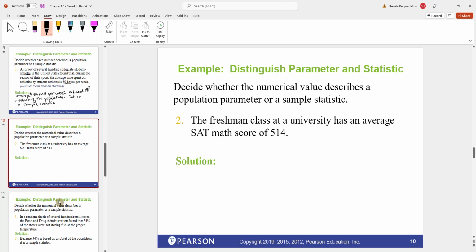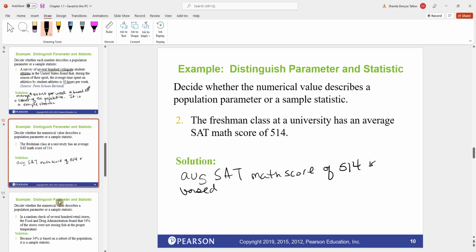So we're looking at the average SAT math score of 514, and this time it's based off the entire freshman class at this particular university.